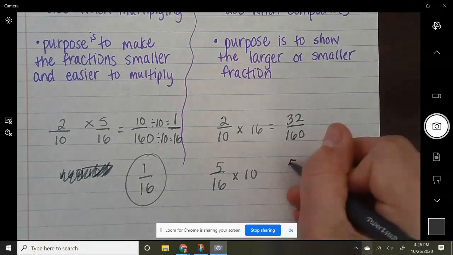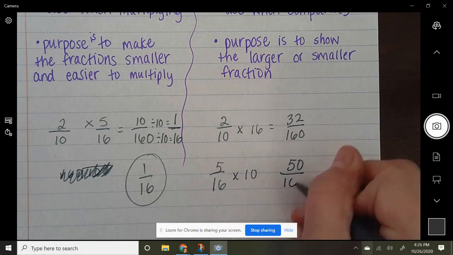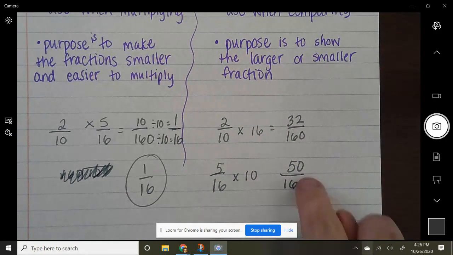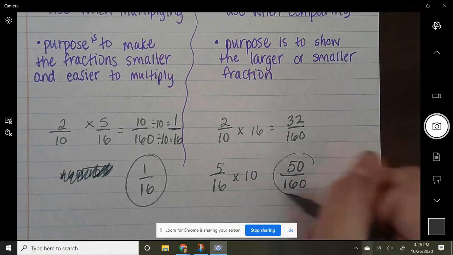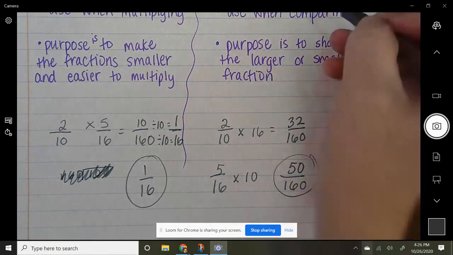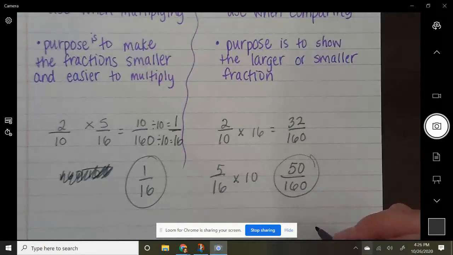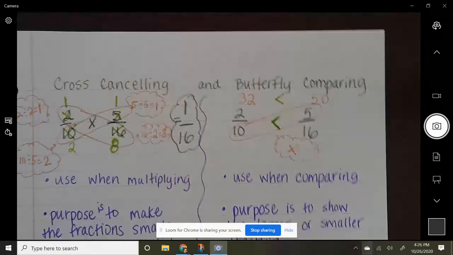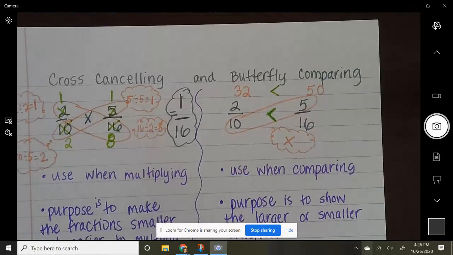And then 50 over 160. And then you could tell which one is bigger. This one is still bigger. I just took the extra step out of it. So that is the difference between cross-canceling and butterfly comparing. If you have any other questions, please message me or your teacher.